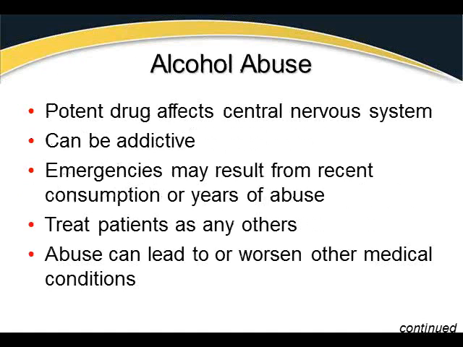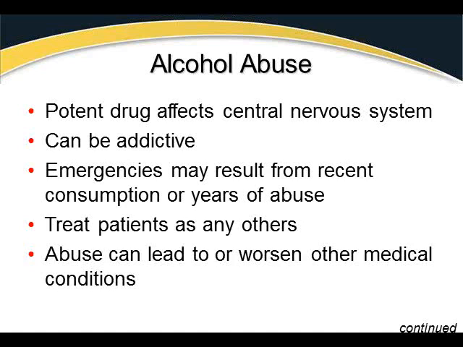So, alcohol abuse. Alcohol is obviously a very potent drug. It affects the central nervous system and can be addictive, as evidenced by the number of alcoholics in the world. Emergencies may result from recent consumption or years of abuse. In most cases, when we deal with an emergency related to alcohol, it's from fairly recent consumption.